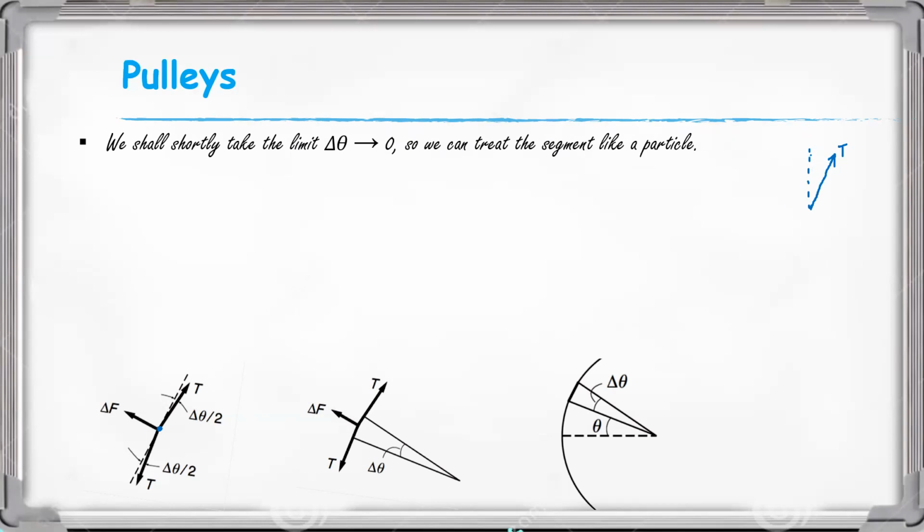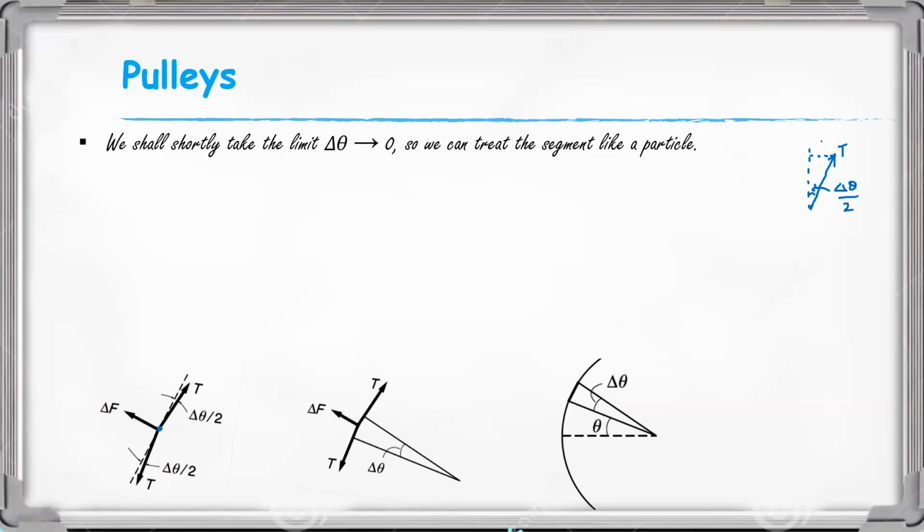When we draw a normal to the tangent, we get a right angle triangle. This angle is delta theta divided by 2.